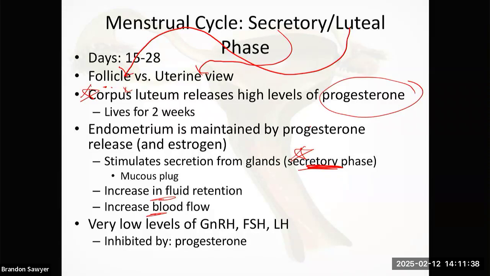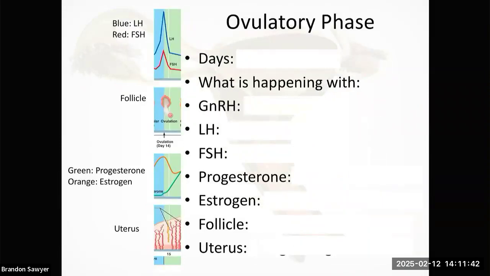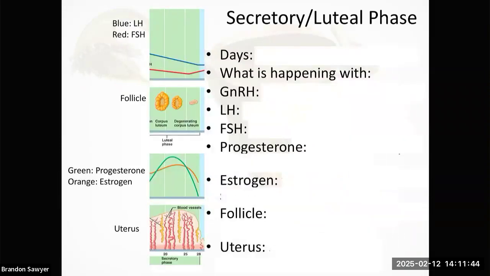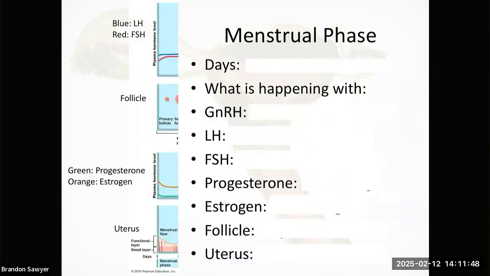Okay, so here's what I want you to do for a sec: this slide, this one, this one, and this one. We've got 4 slides here that walk us through what's going on in those phases. I want you to fill this in, and I want you to write it too, because we're not going to have time when I uncover all of these for you to wait for me to write each one, okay? So you're just writing in the days, and what's happening with these hormones. You can say that it's low or high or rising or falling, just something brief.